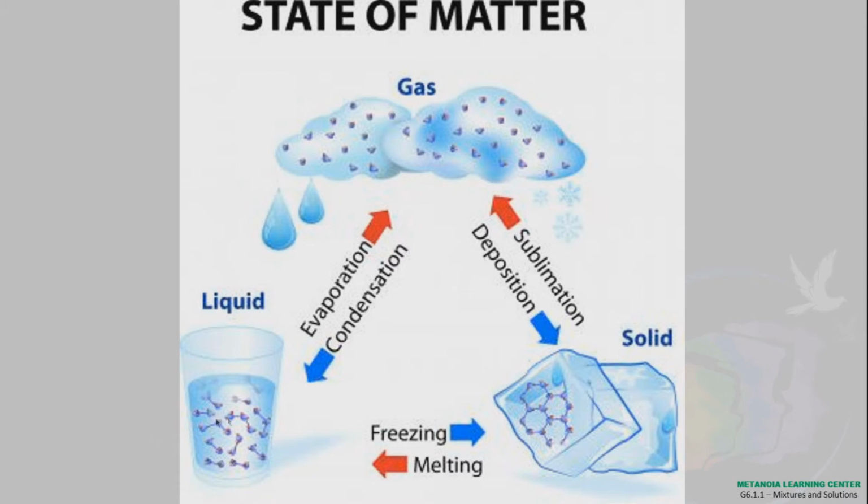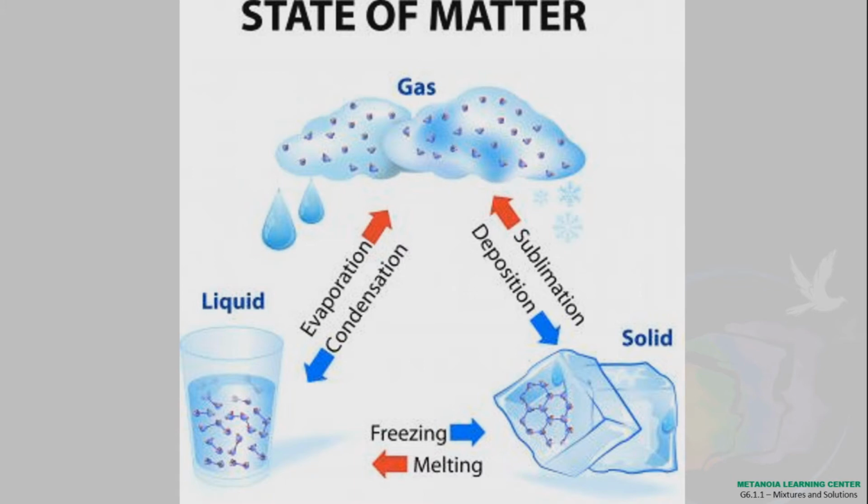And if the temperature will further increase, particles of water will start to move faster than usual, changing water to gas through the process of evaporation, where liquid is turned into gas.